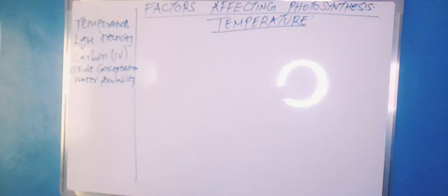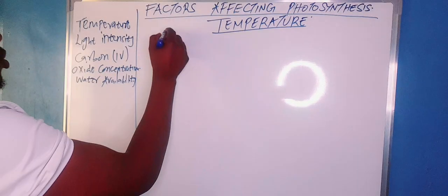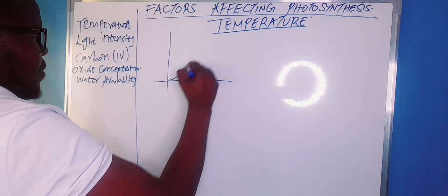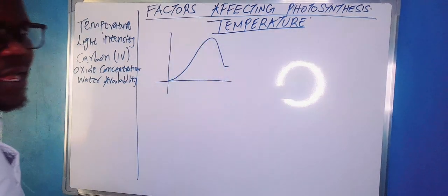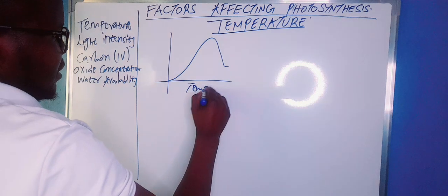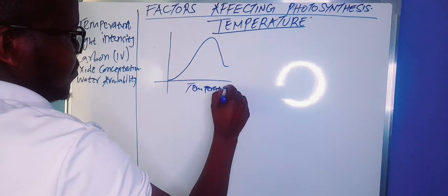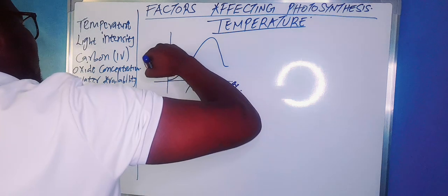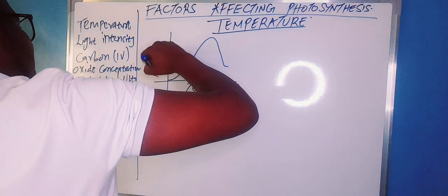Let me sketch how temperature behaves. We use a curve form. The temperature curve will behave in this manner. This axis is the temperature in degrees Celsius, and this one is the rate of photosynthesis.